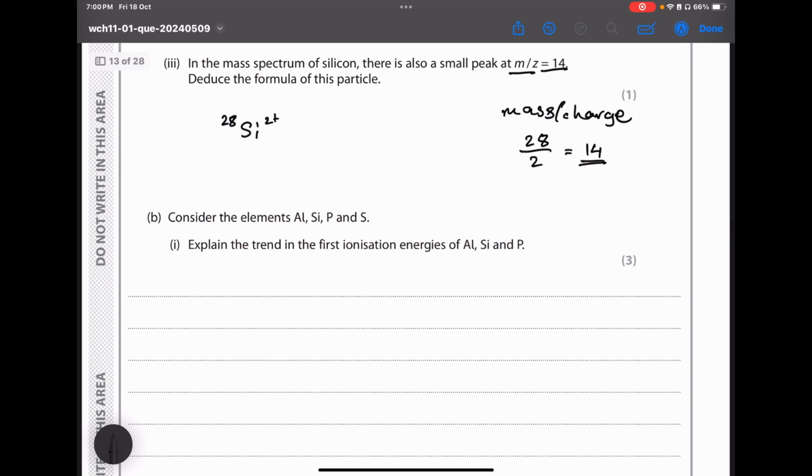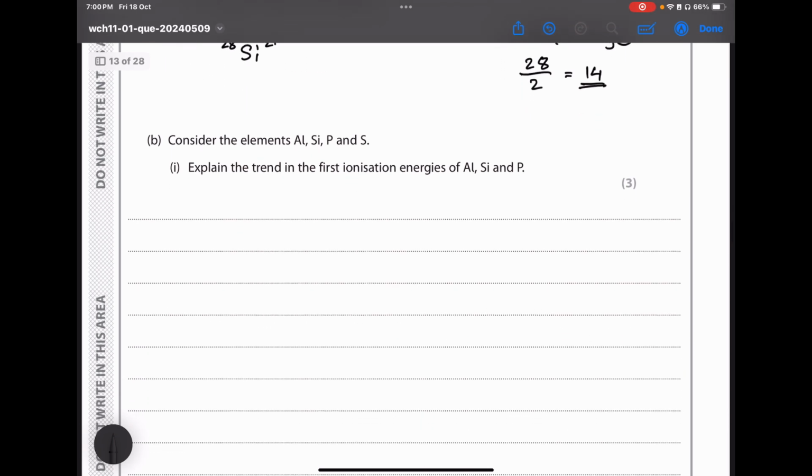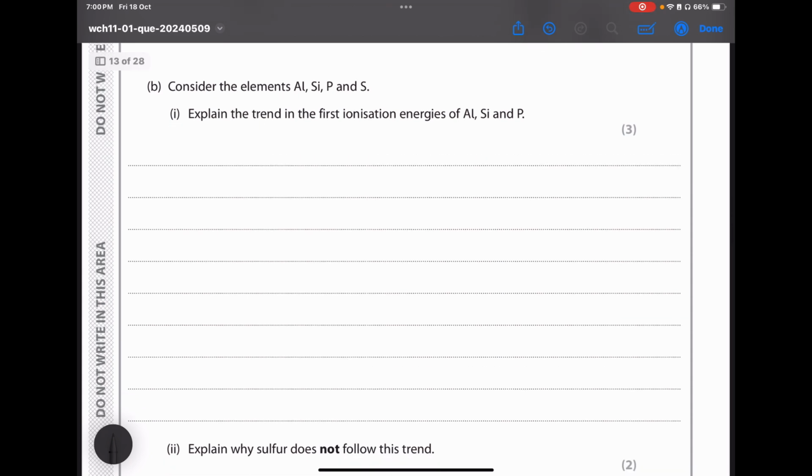Consider the elements Al, Si, P, and S. Explain the trend in the first ionization energy of aluminum, silicon, and phosphorus. As we go from aluminium to silicon to phosphorus, the ionization energy will increase.